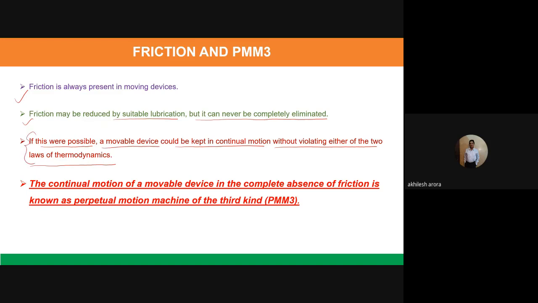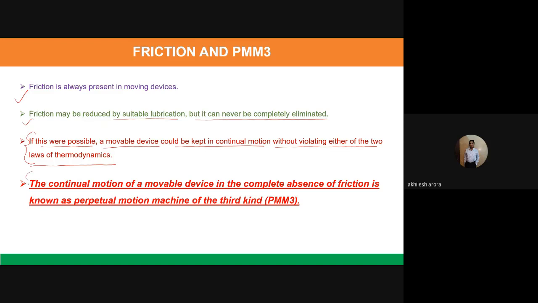See, if we have a machine and there is no friction in it, then it will be continuously giving us work if we set it into motion once. Because if there is no friction, the machine will keep on running and keep on giving us work. But you know, there is friction and it cannot give us work continuously.